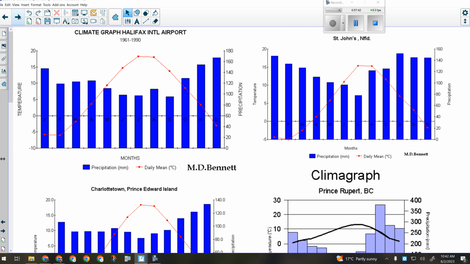So if I'm looking at these two graphs on the top right now, their precipitation scales are pretty close to the same. They go from 0 to 180, 0 to 160. So they're representing pretty similar amounts of rainfall. And the pattern of that rainfall is fairly similar. It's lower in the summer, higher in the winter.